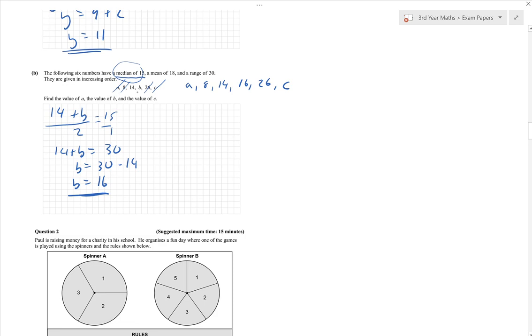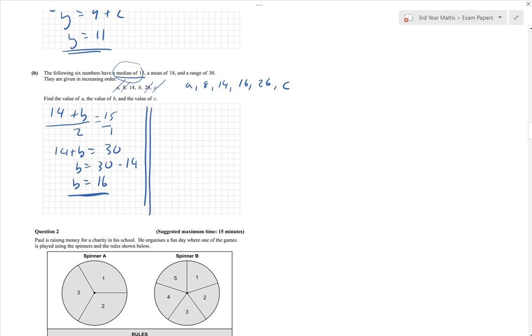For B, you know it's a number between 14 and 26, so if you wrote down a number between 14 and 26, you might get some marks. And again, C is a number greater than 26, so if you wrote down any value greater than 26, you should get some marks. But let's try and be accurate and get the exact value.